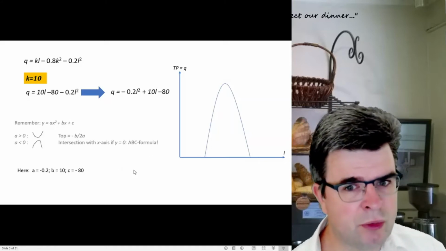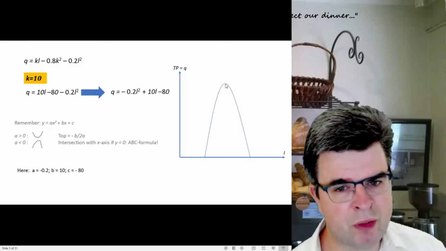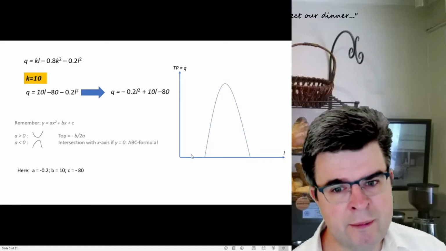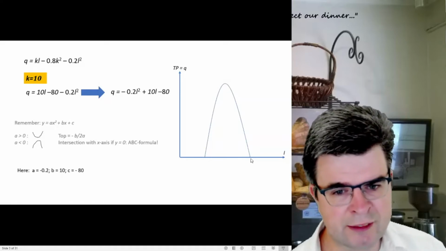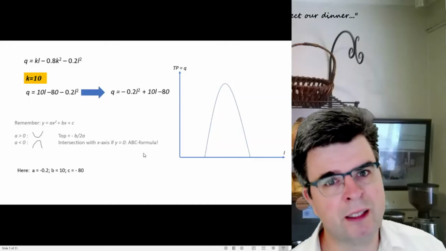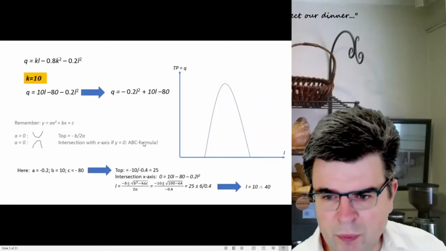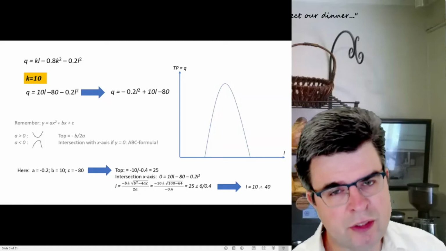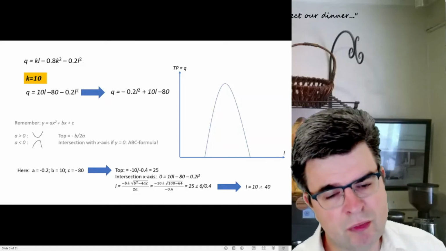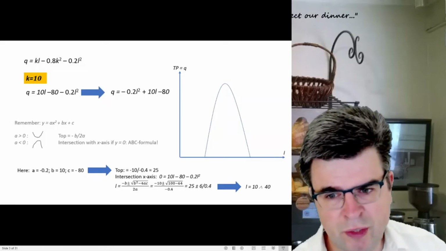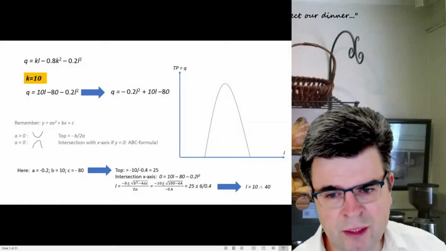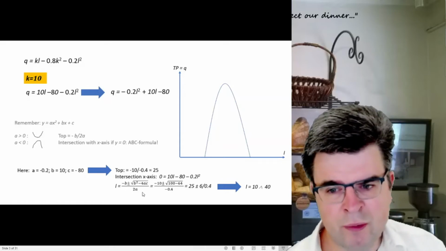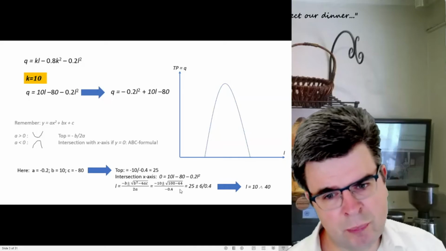And now what we need to do is we have to find the top of this curve, which is at minus b divided by 2a, and the intersection with the x-axis, which we find by applying the ABC formula. Well, doing that, we arrive at the top being reached at a level of quantity of labor of 25. And the intersection with the x-axis, well, we put this to 0, then we solve for L using the ABC formula.